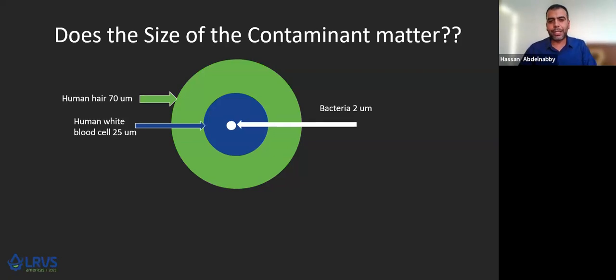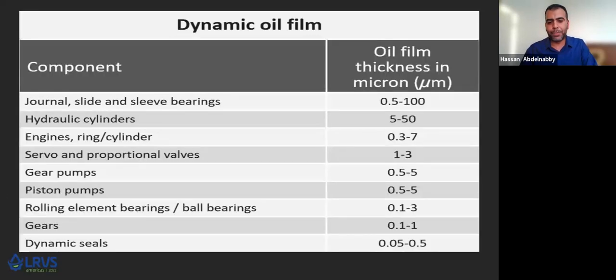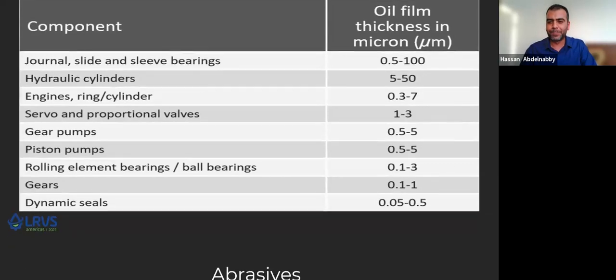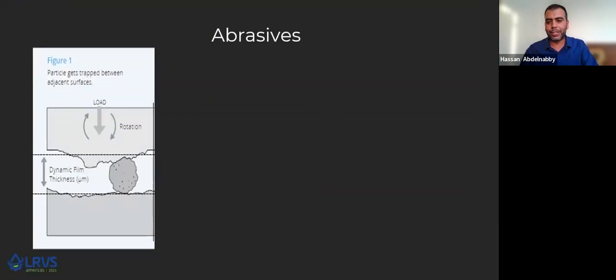Because some of the components have a film thickness of 3 microns, and your eyes cannot see beneath 40 microns. So you can try to feel it, but this is not a good indication of whether your oil is working or not. Imagine that there is third body abrasion, where a contaminant is bigger than the oil film thickness, as we said, 3 or 4 microns.